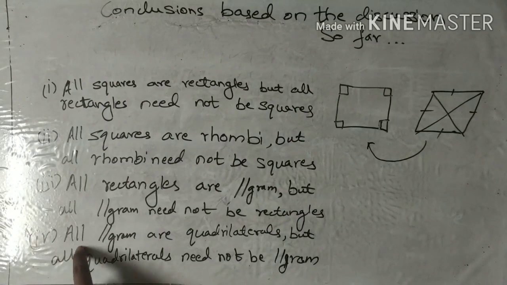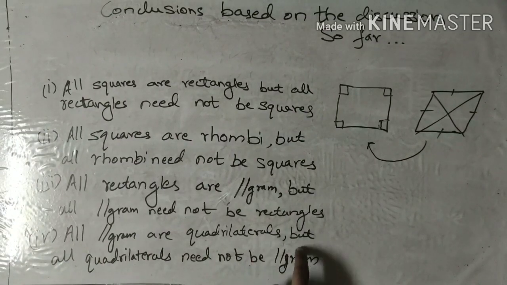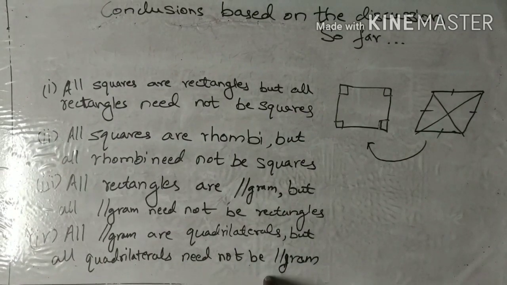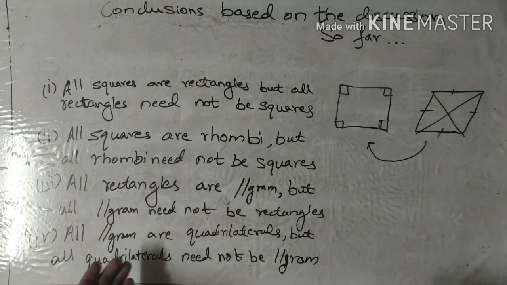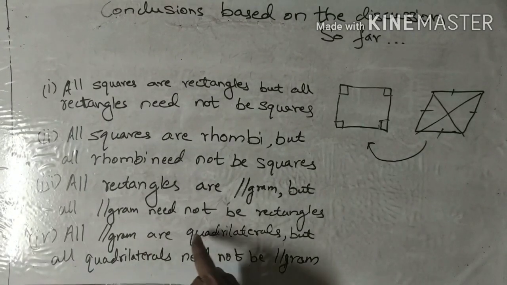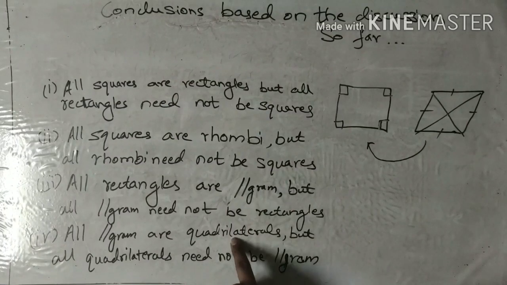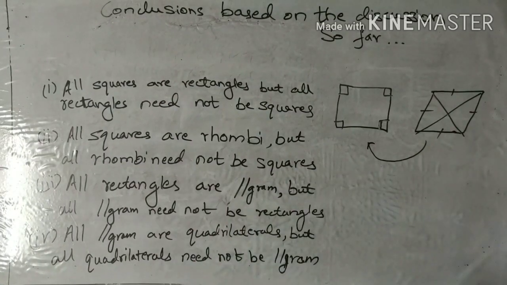The last one, all parallelograms are quadrilaterals, but all quadrilaterals need not be parallelograms. The properties of a parallelogram, like opposite angles equal and opposite sides equal, are not satisfied by all quadrilaterals. Hence all quadrilaterals need not be parallelograms, but all parallelograms satisfy the condition of being a quadrilateral by having 4 sides and 4 angles.